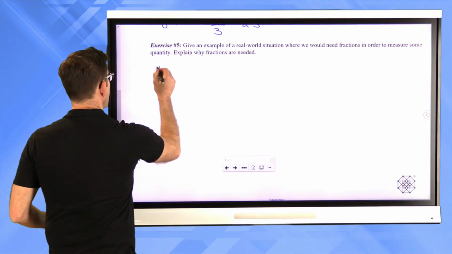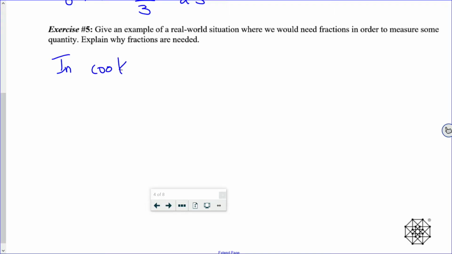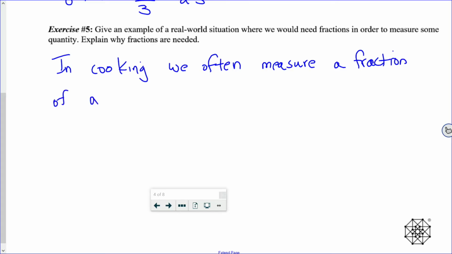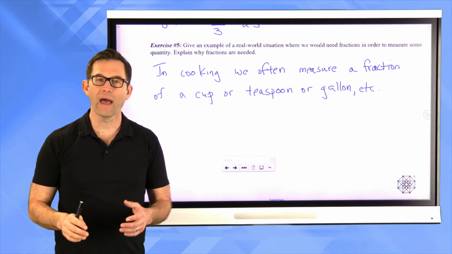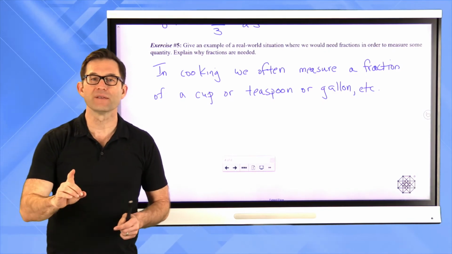Like in cooking, we often measure a fraction of a cup or teaspoon or gallon, etc., right? And that always happens when we have some set quantity that represents the number 1.